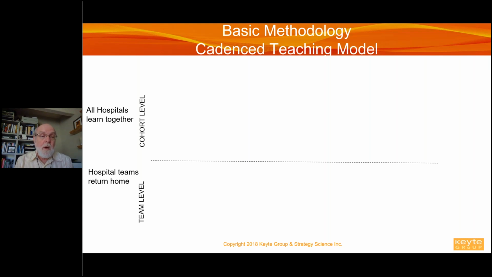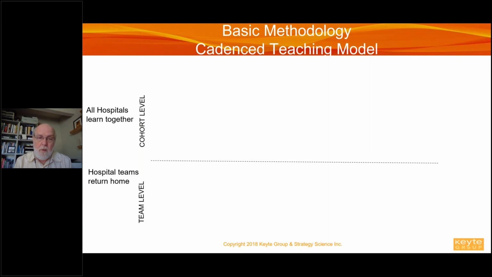The first one is at the top, called the cohort level. A cohort is a region, all the hospitals in a region. There are seven regions. The Upper Peninsula was a region. They had six hospitals. Southeast Michigan, basically Detroit, was a region. They had thirteen hospitals. So the cohort could be six hospitals or thirteen hospitals, all getting together as one.